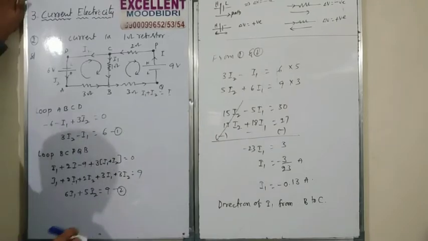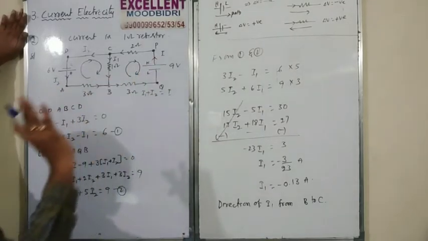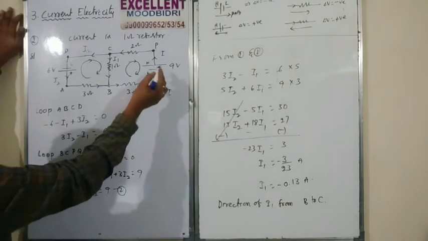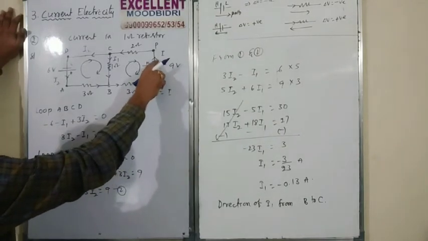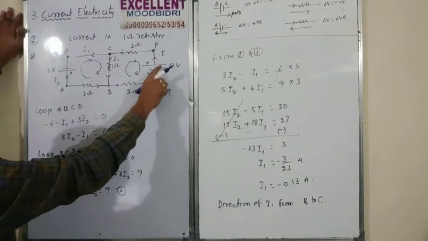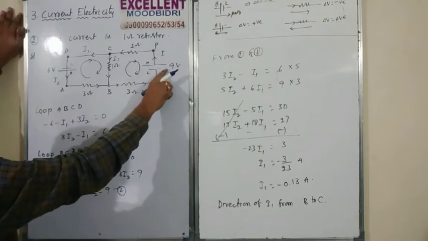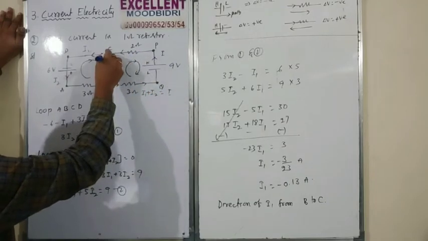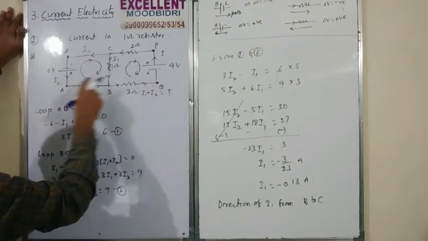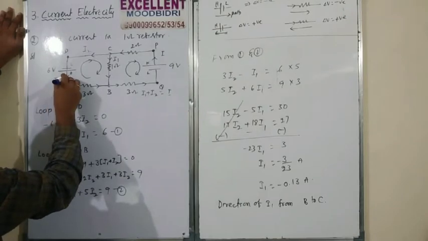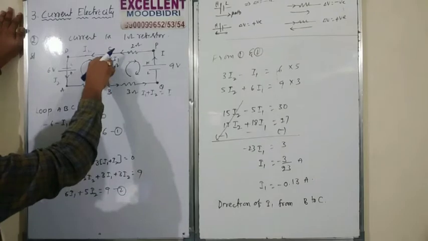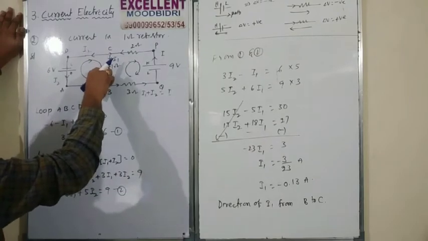Everything is fine. Now first, we want to arrange the current. Start from here. This is the 9 volt, the higher voltage, that is why the current goes in this direction. Here a junction will be there. This is the I2 I will consider, and in this direction I1.